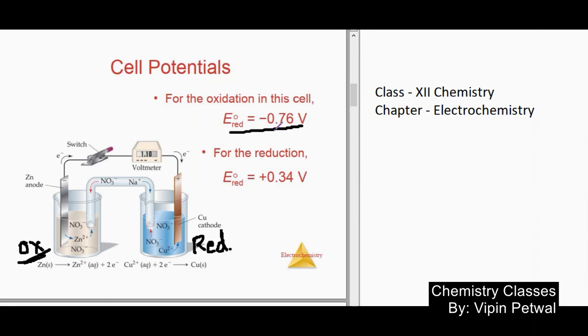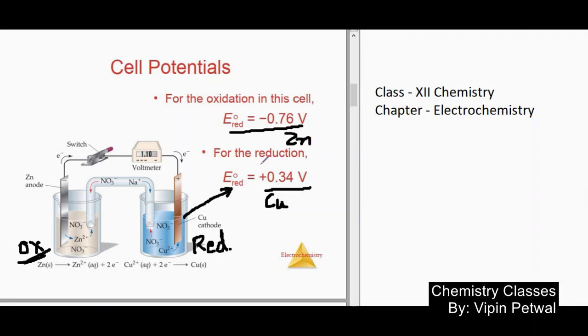Standard condition means at standard temperature, pressure and concentration. So this reduction half cell, now if we talk about the reduction half cell, it has a reduction potential equal to plus 0.34 volt. So this is the reduction potential of copper and this is the reduction potential of zinc.